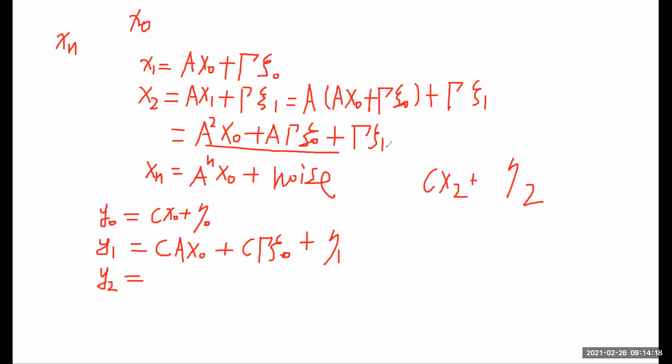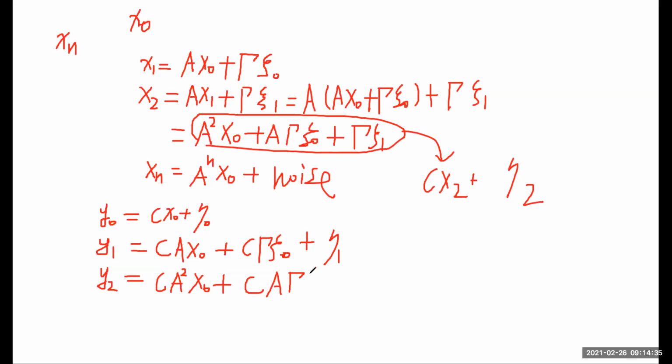Then we use this expression to replace x2: we have C A squared x0, plus C A gamma c0, plus C gamma c1, plus eta 2.